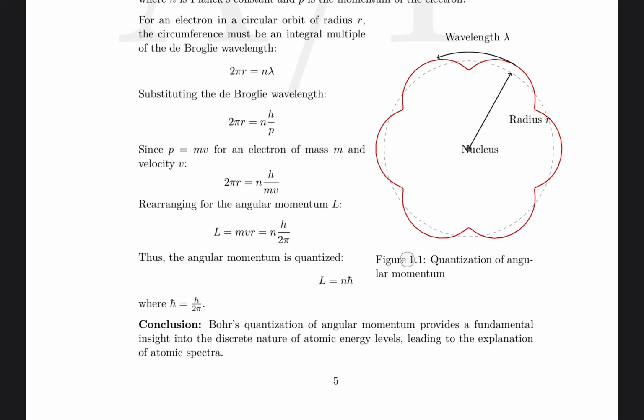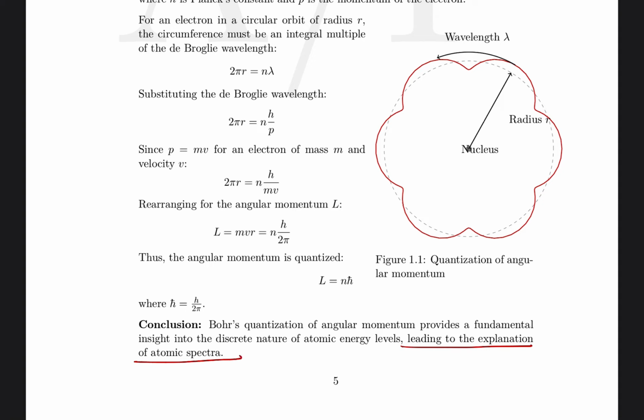The conclusion is that Bohr's quantization of angular momentum provides a fundamental insight into the discrete nature of atomic energy levels, leading to the explanation of atomic spectra. This should not get ignored: leading to the explanation of atomic spectra.